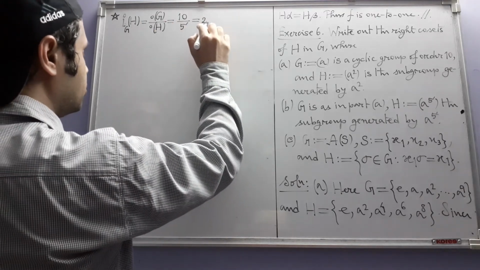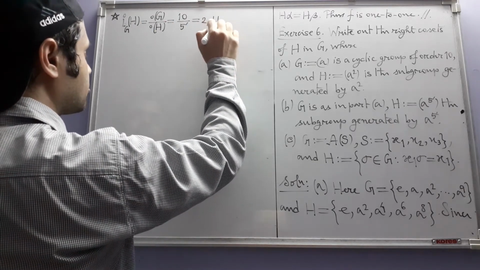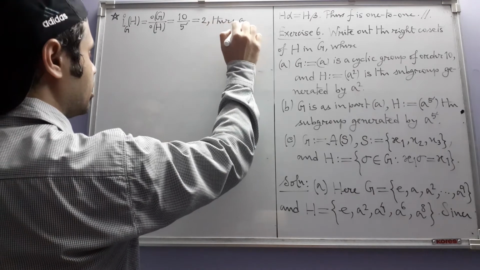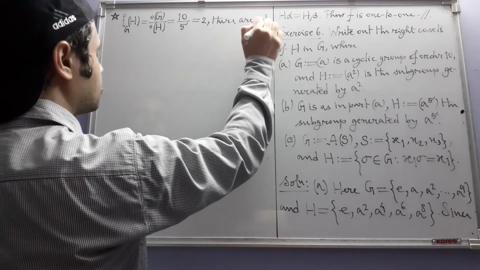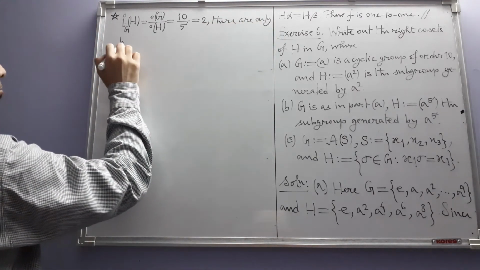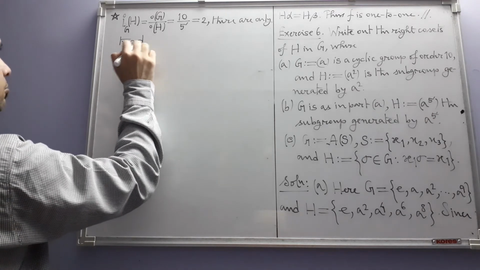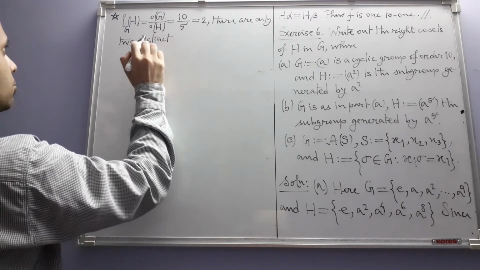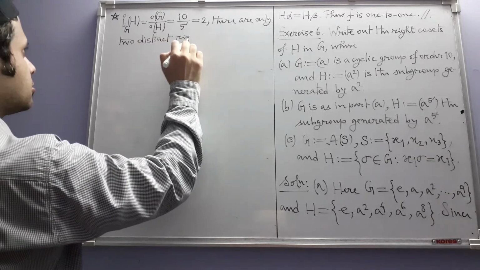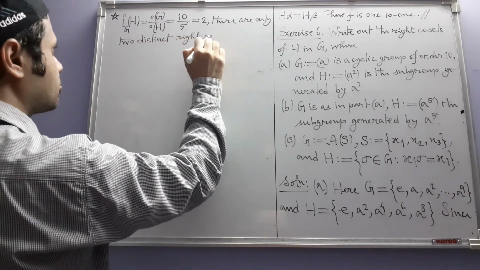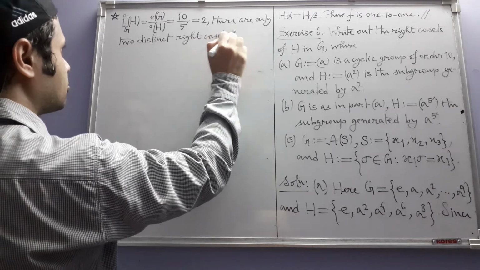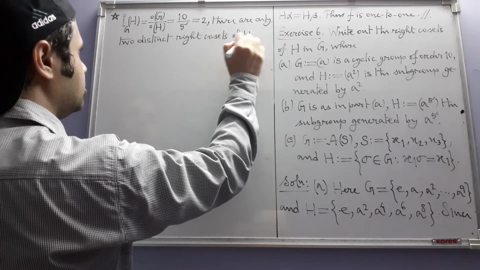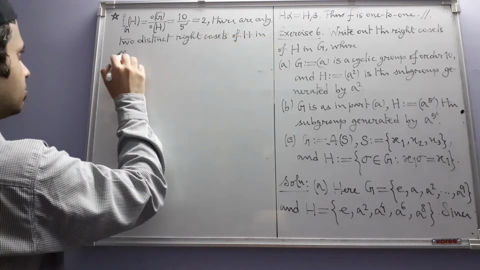So it is equal to 2. There are only two distinct right cosets of H in G.